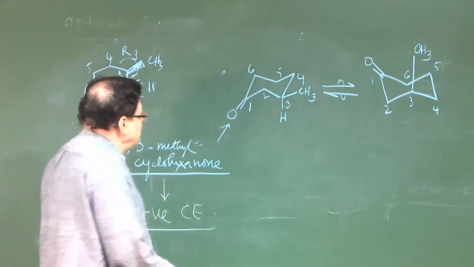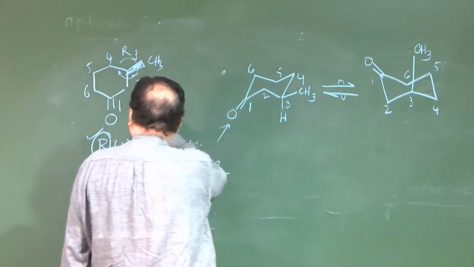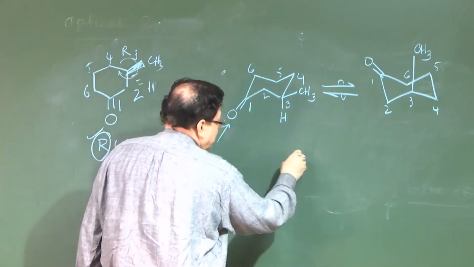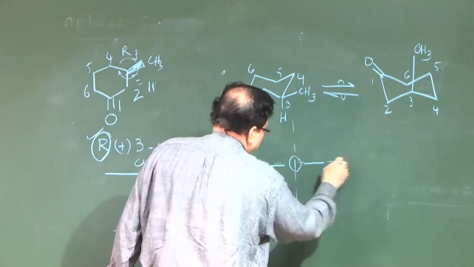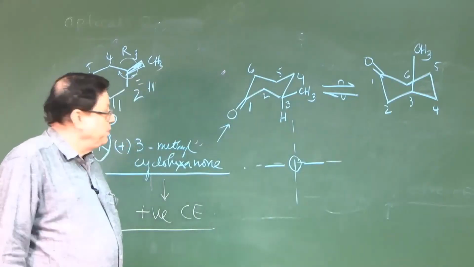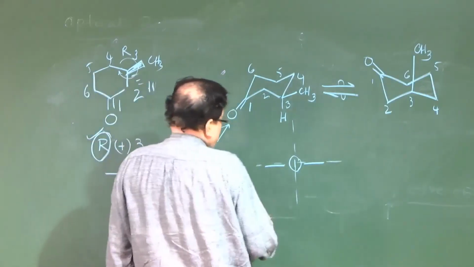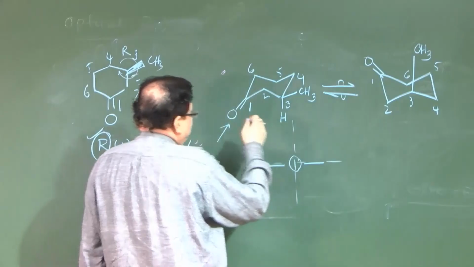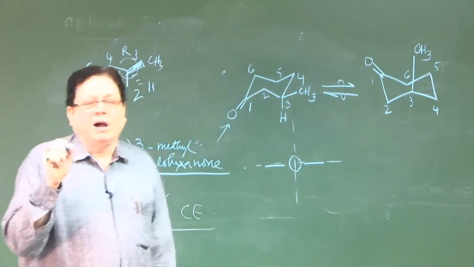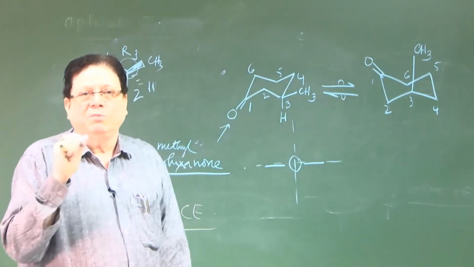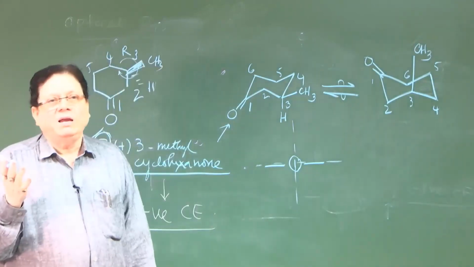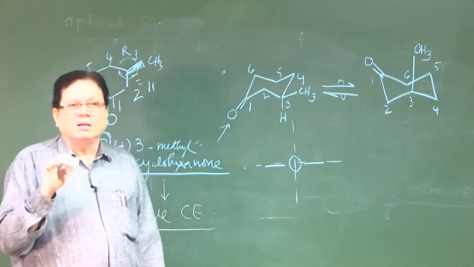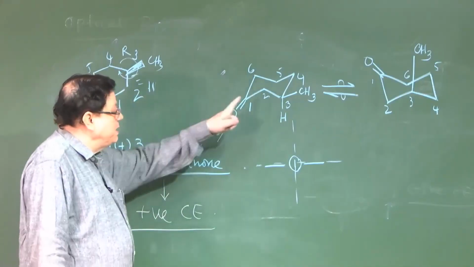Very similar, as I told you, the carbonyl carbon will always be at the cross point between the 2 axes, that is number 1, and on the right side and the left side will be the carbons alpha to the carbonyl. Now, which one goes to the right, which one goes to the left? That is the question. Here also you have to be careful.